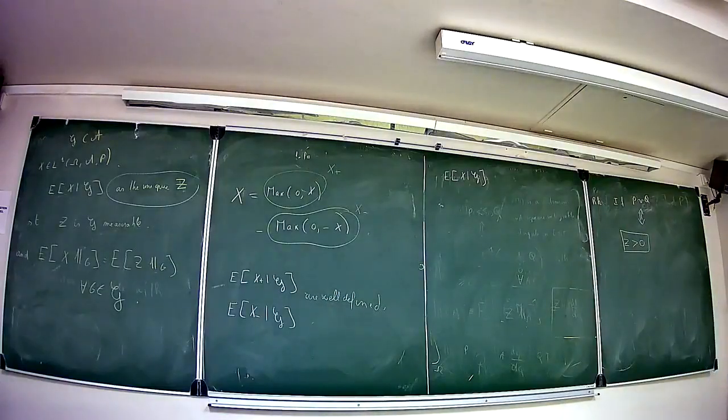Have a look at what you have here. You have x that is equal to x plus minus x minus. Okay? How can you define the conditional expectation of x given J if the conditional expectation of x plus given J and the conditional expectation of x minus given J are well defined? Yeah? But what do you want to do instead of this? Yes, of course.